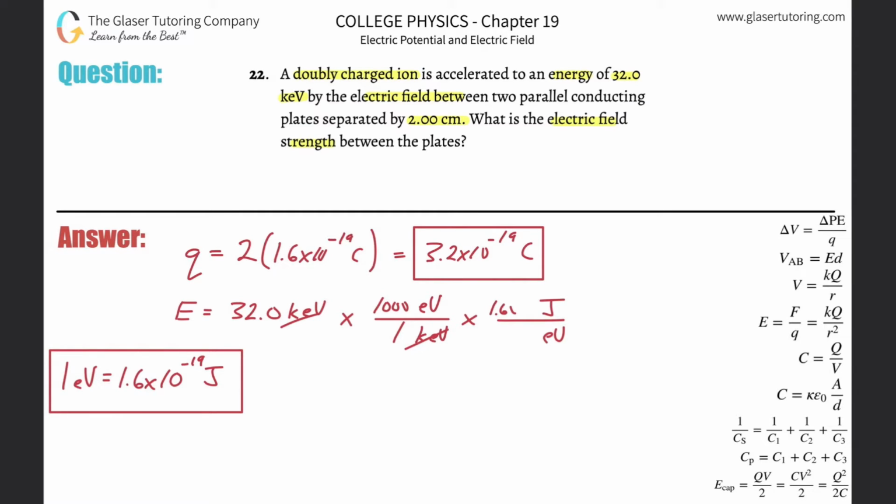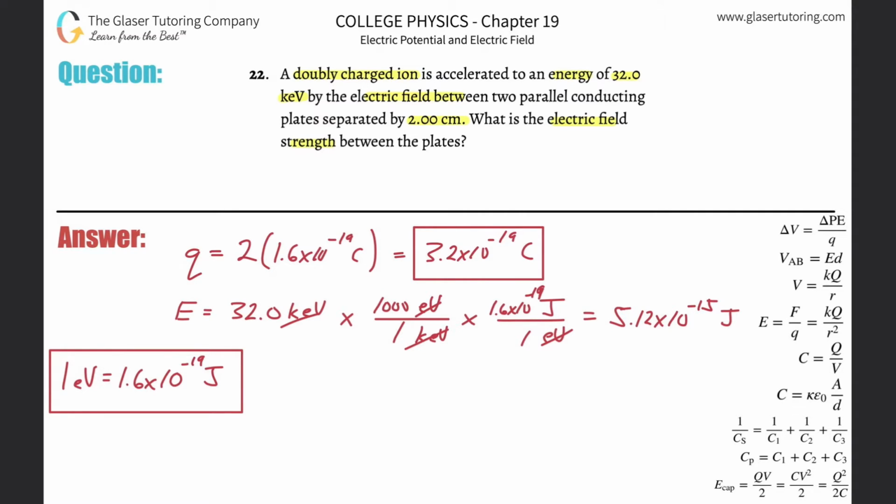So 1.6 times 10 to the minus 19th over 1. And now bye-bye electron volt. And now we can just do this, right? So we got 32 times 1,000 times 1.6 times 10 to the minus 19th. And we get a value of about 5.12 times 10 to the minus 15th. And that's now in terms of joules.